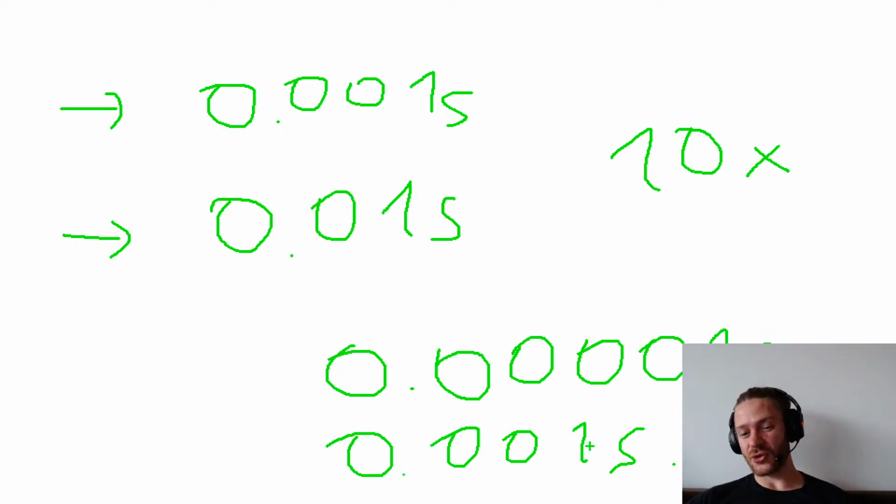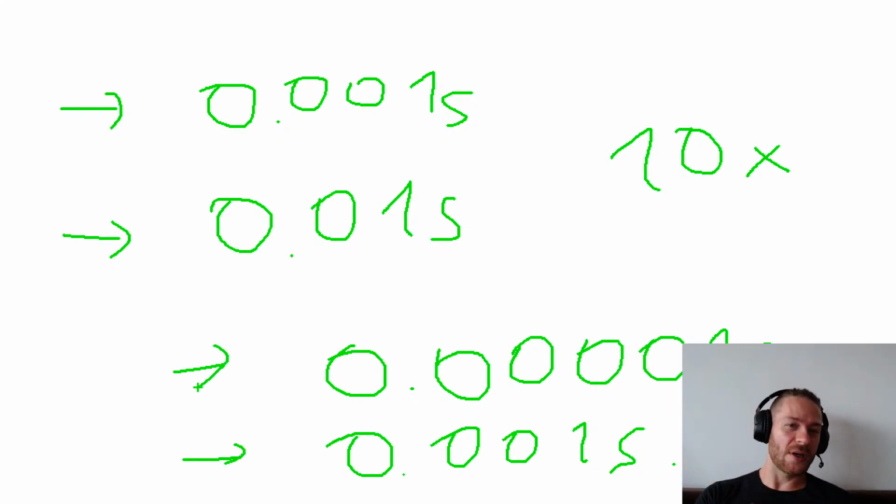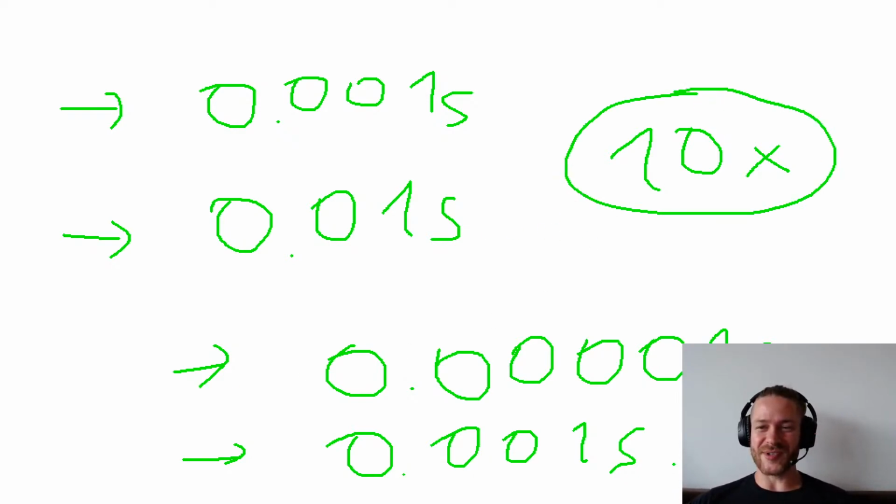That's 100 times better, but still both are super fast in terms of practicality, in terms of the human usability of the site. So never measure performance in terms of numbers only.